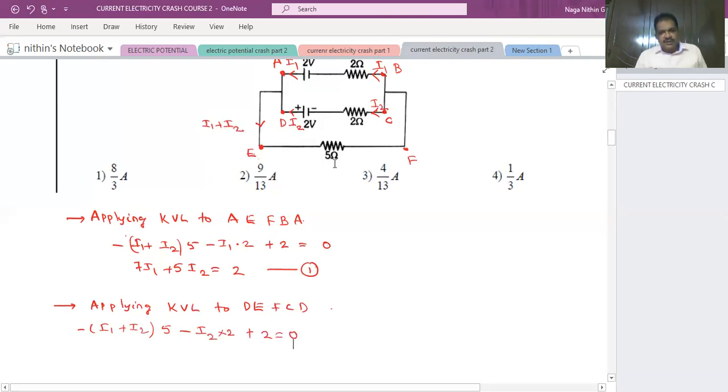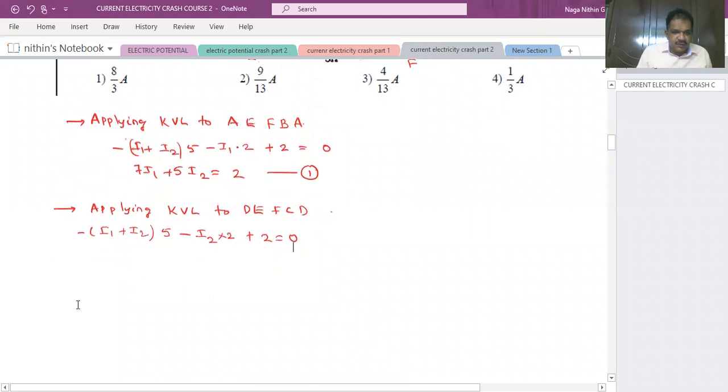In the direction of the current, drop will be negative. So here drop will be minus (I1 plus I2) into R. When it came to this, here I2 only is there, I2 into 2. In the direction of the current we are going, so drop will be negative. Here we are going from low to high, so it will be plus 2. If we write this, 5I1 plus 7I2 is equal to 2. Second equation.